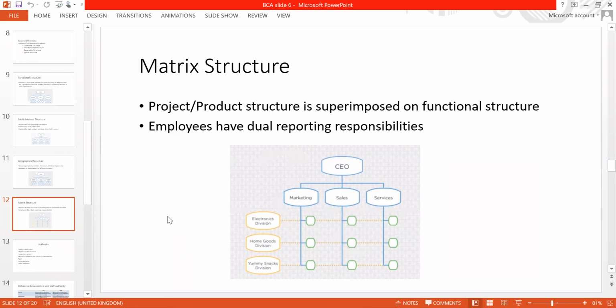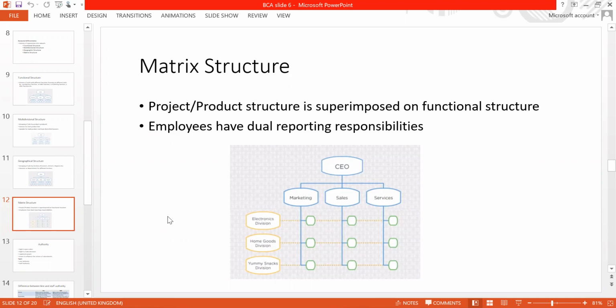Similarly, your company's marketing, sales, services, another team goes to take care of another division. And then you will again have marketing, sales and services people working for this snacks division.